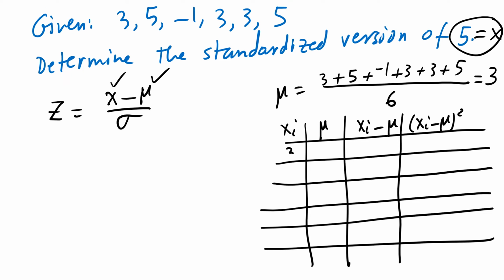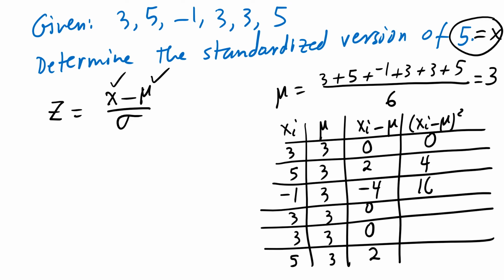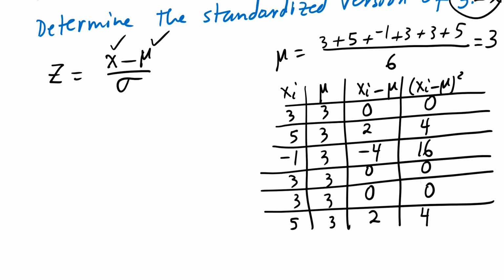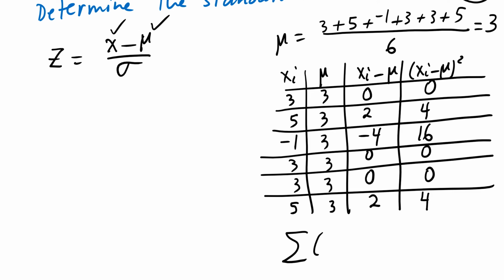So what goes in here? 3, 5, -1, 3, 3, 5. The mean is 3. If you subtract them, you get 0, 2, -4, 0, 0, 2. If you square them, 0, 4, 16, 0, 0, 4. What would be the sum of xi minus mu squared? You get 24.